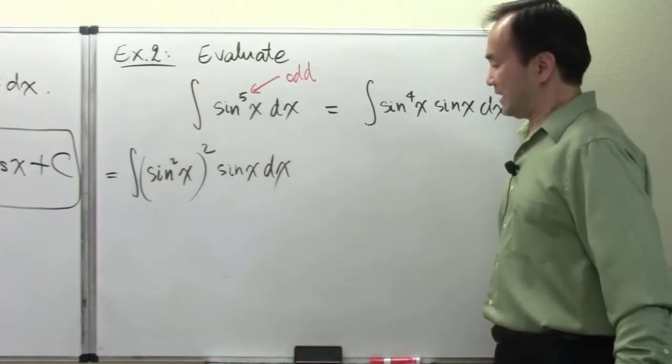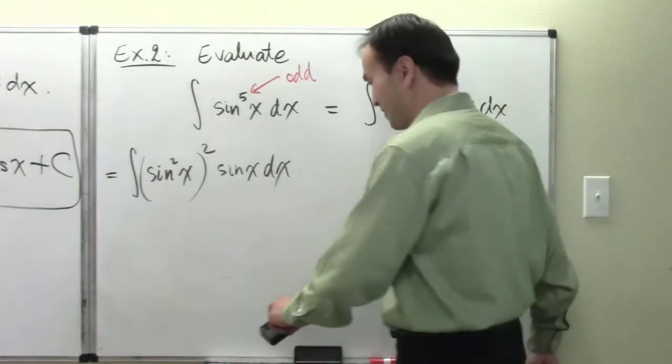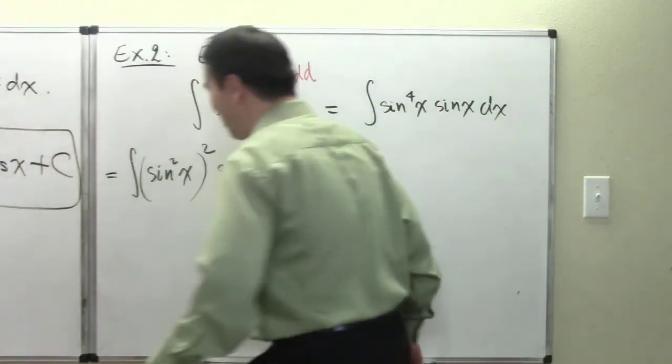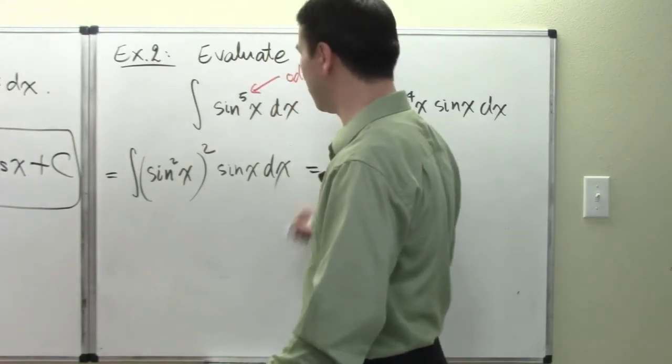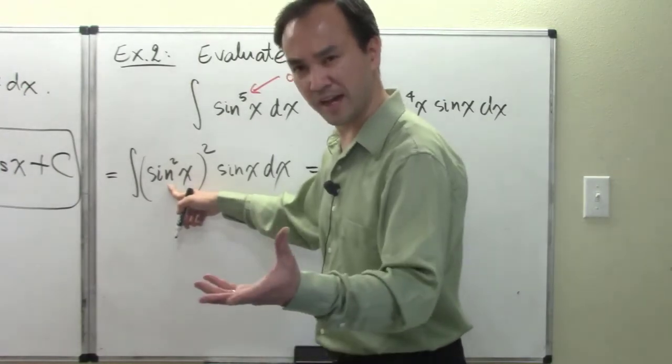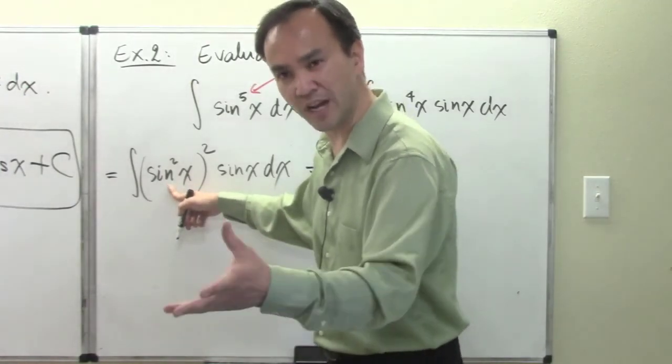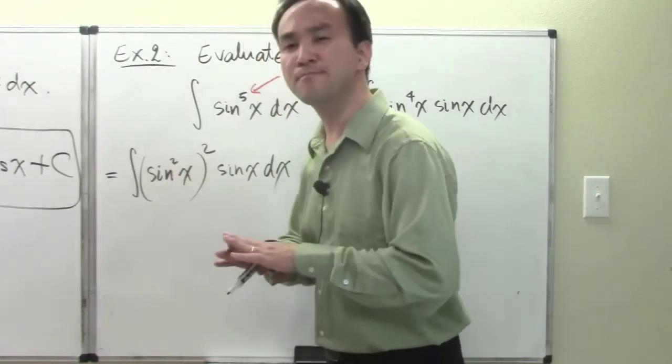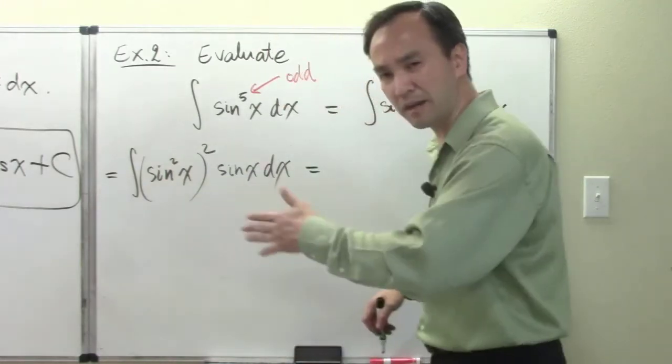Now, at this point, I'm going to remind everyone about one thing we have. We have a famous trig identity: sine squared of x will permanently equal 1 minus cosine squared of x.